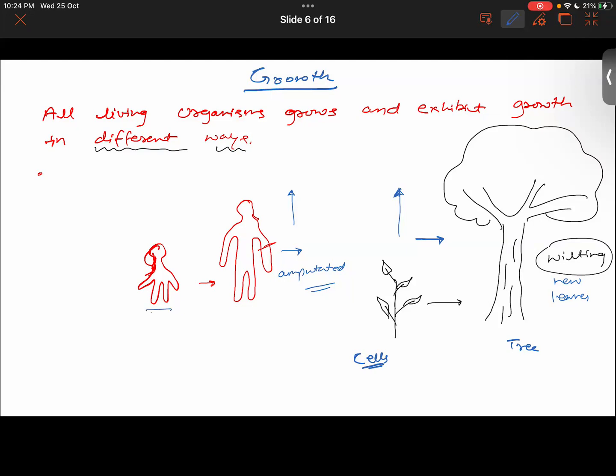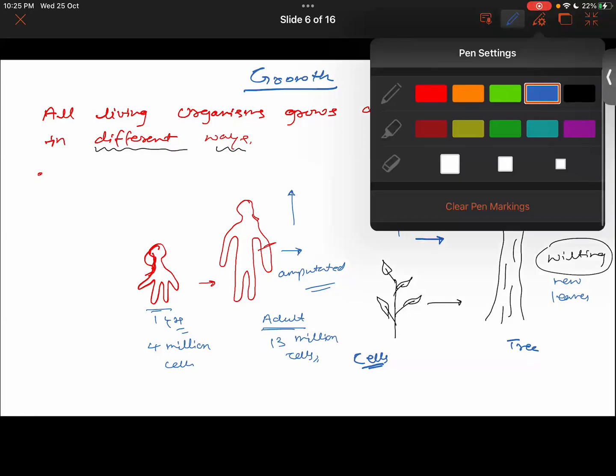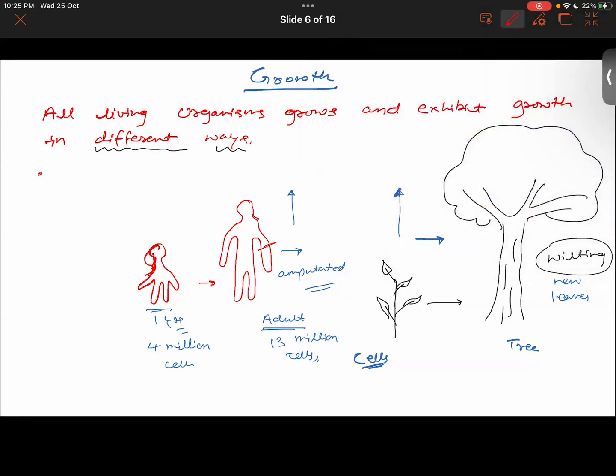Suppose at the age of 1 year the boy had, let's say, 4 million cells in the body. Now suppose when this boy is an adult, let's say 13 million cells are in the body. The figures are not exact, they are just exemplary. So here the number of cells has increased.